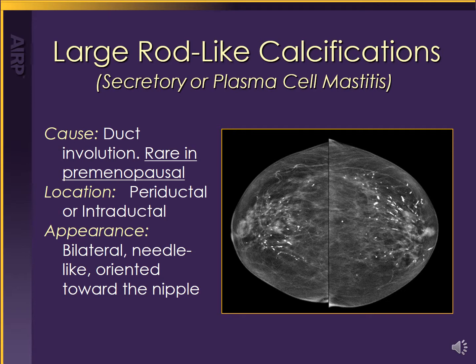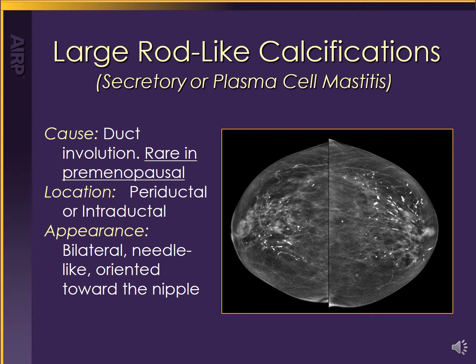Large rod-like calcifications, sometimes you'll hear us also call them secretory calcifications, or you might even hear the term plasma cell mastitis. These are due to duct involution. So as the breast involutes with age and menopause, first the lobules get reabsorbed, and that's when the breasts become less dense and often eventually fatty replaced.